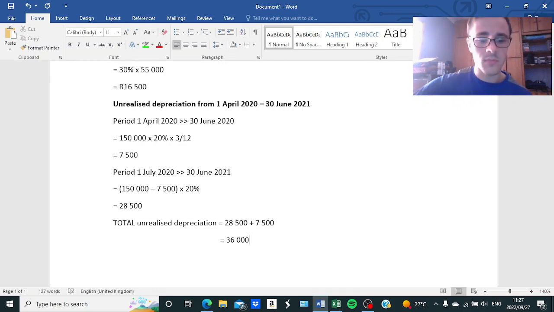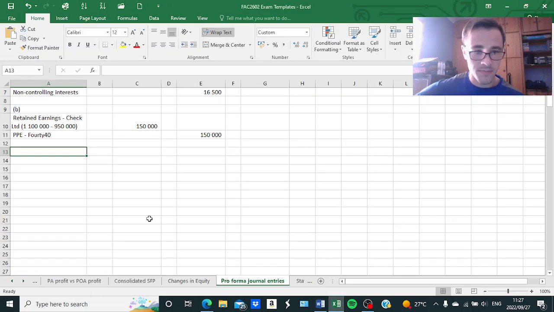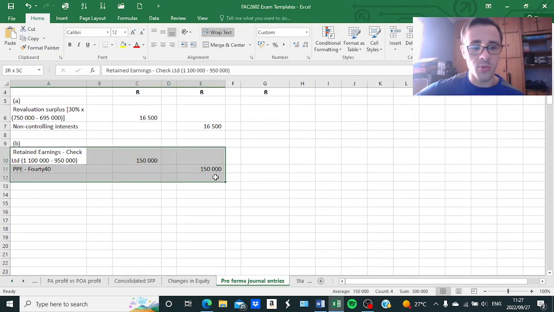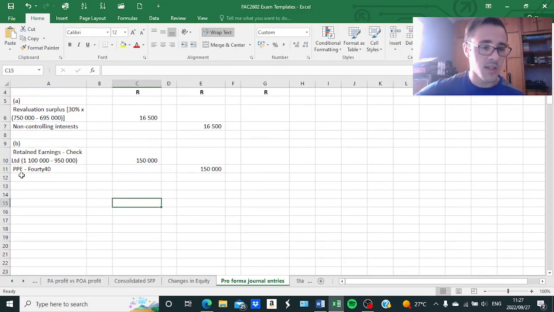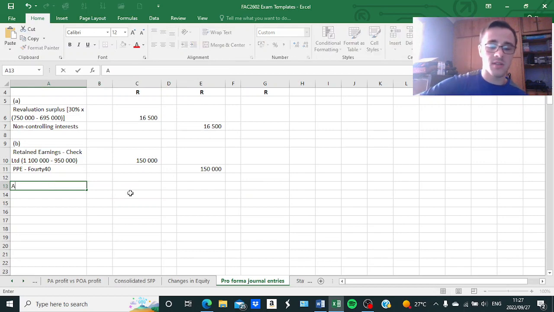Yes. Now your journal entry will be as follows. Remember this one was not required, it's just for explanation purposes. So we will debit or decrease, because remember an unrealized profit was made, so the subsidiary in this case provides for too much depreciation in its financial records, because of the profit that is included in its property, plant and equipment.